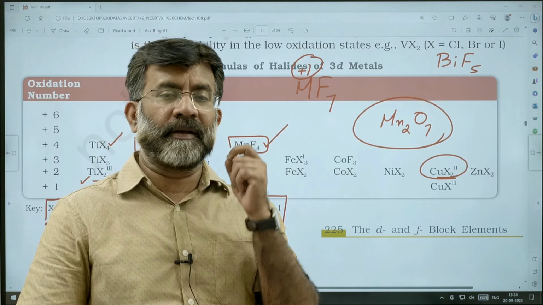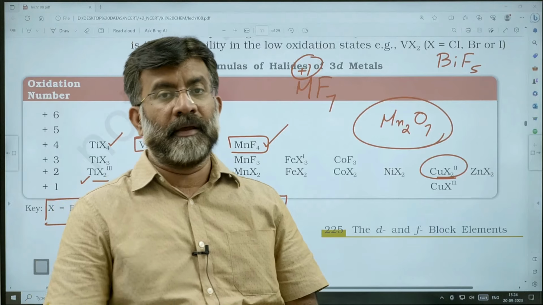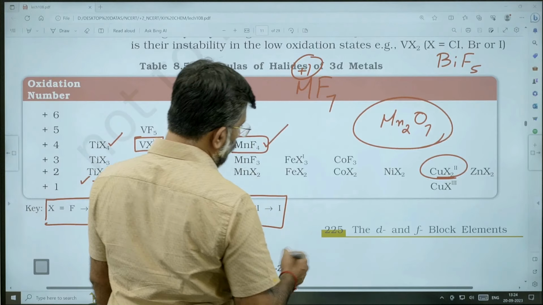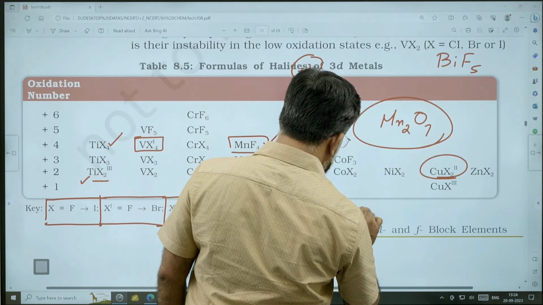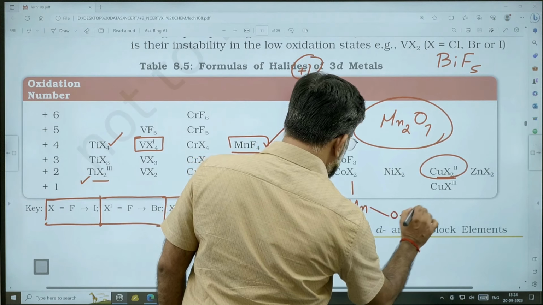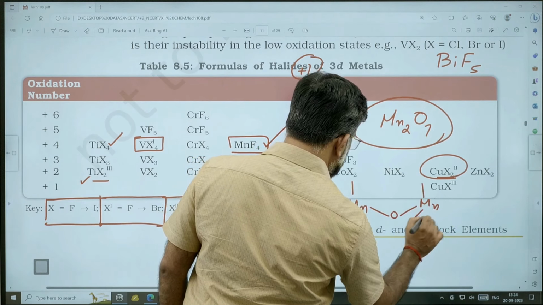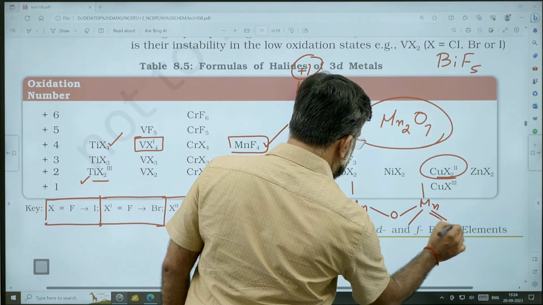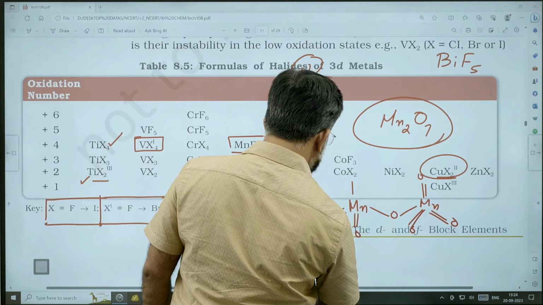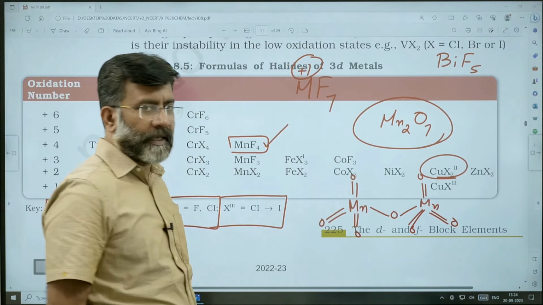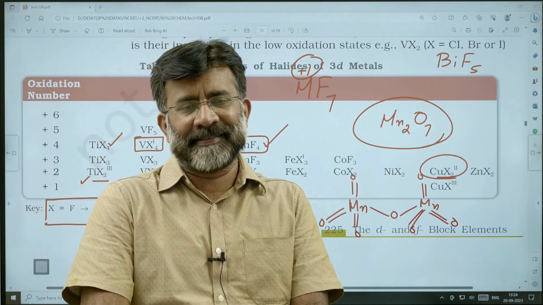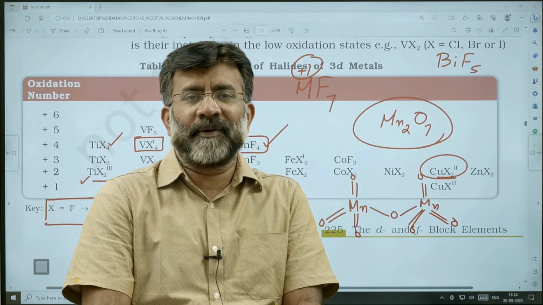Transition metals are well known for forming multiple bonds. Here it is only a single bond. Fluorine can make only single bonds, while oxygen can make multiple bonds. It forms multiple bonds like this. Oxygen is able to make stable multiple bonds with the transition metals, and that is the cause of superiority.